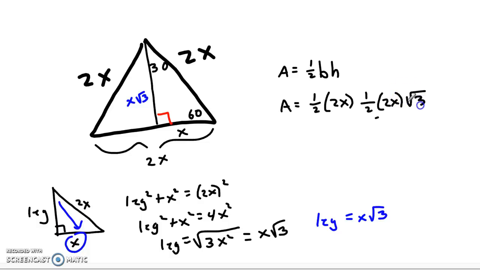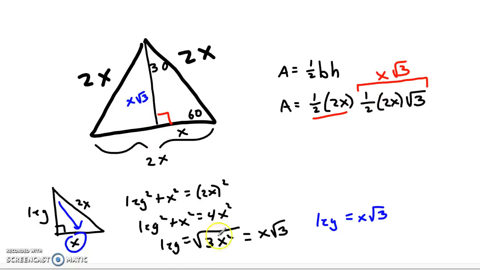Do you see where I'm getting this from, right? So I'm working through and saying, all right, 1/2 base times height. So 1/2 of the base, that's 1/2 of 2x. Easy, nothing going on there. 1/2 times 2x is just x, times radical 3, that is what the height of this triangle is.